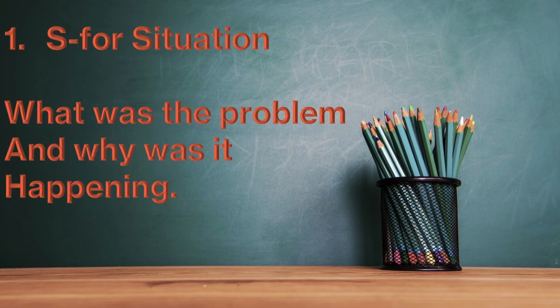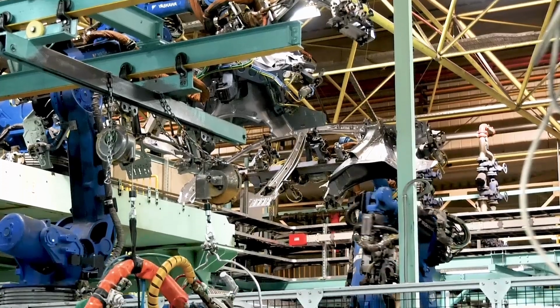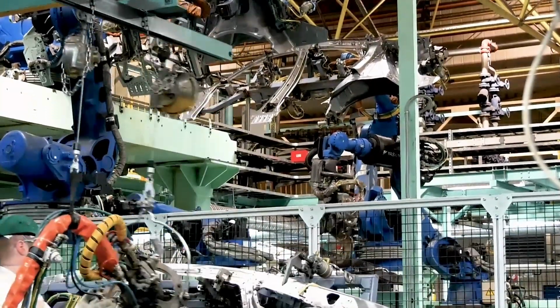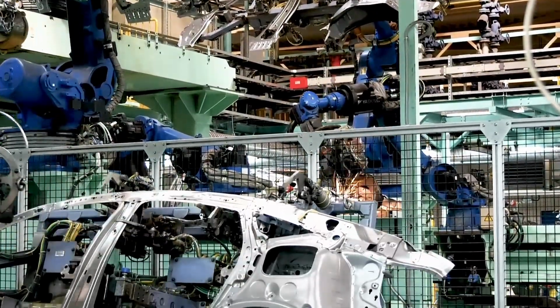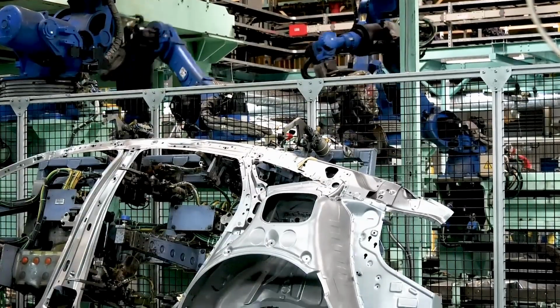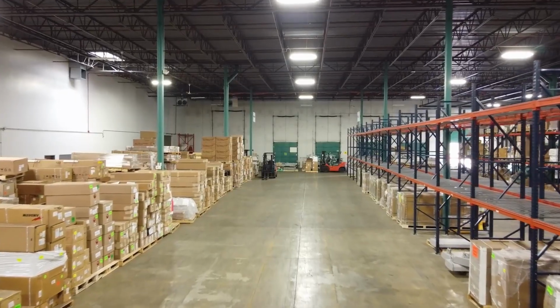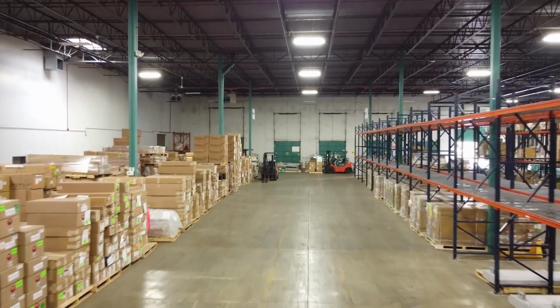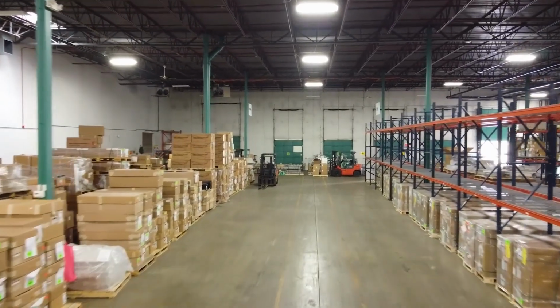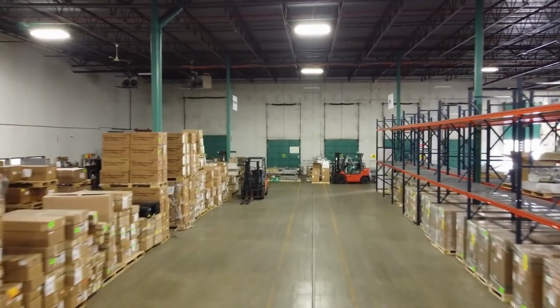So S for situation. So you want to be very specific. Hey, this is what was happening, this is what was going on, and this is what the issue was that it was causing. So if you're talking about a conveyor line or a group of people not following a process, okay, what was this doing?